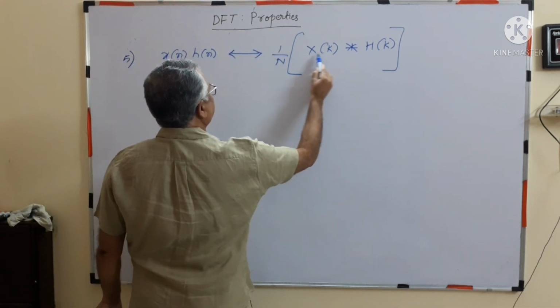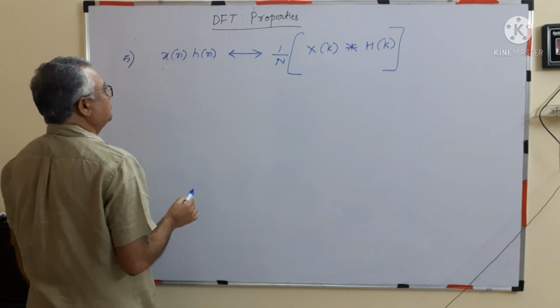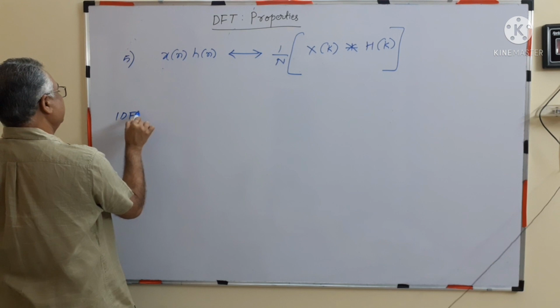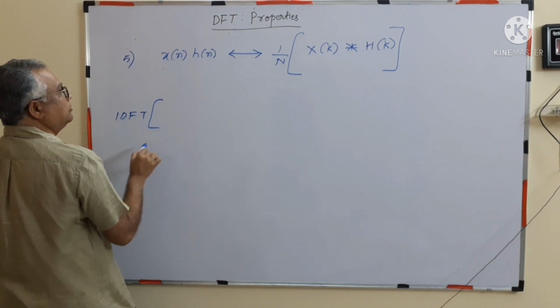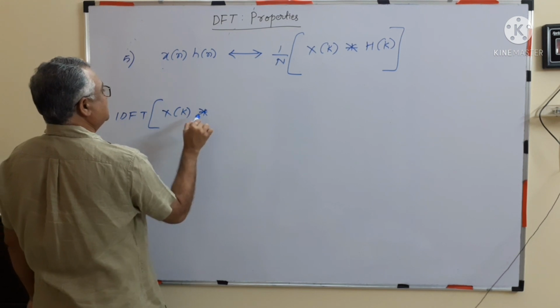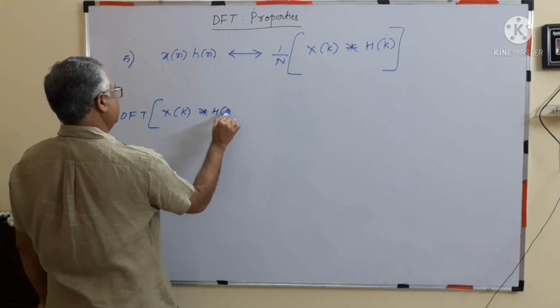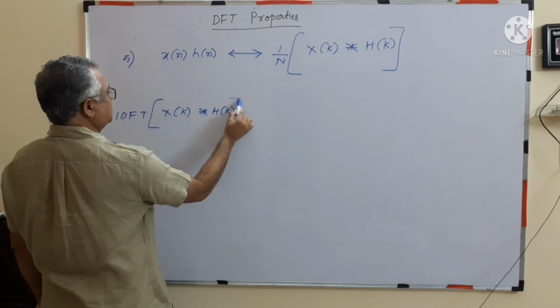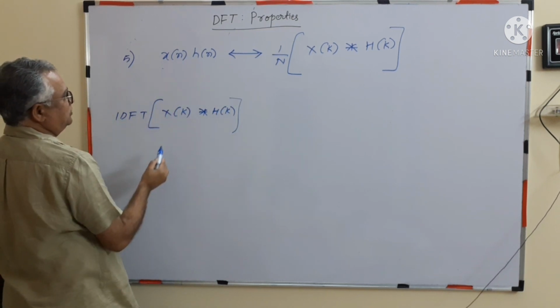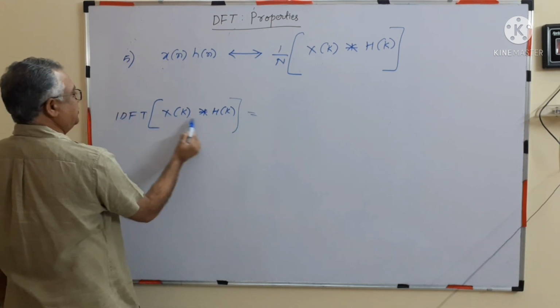So this you have to expand first. IDFT of X of k star H of k. This is in the frequency domain. I am finding the inverse of this. You will get the time domain. So what is the IDFT formula?